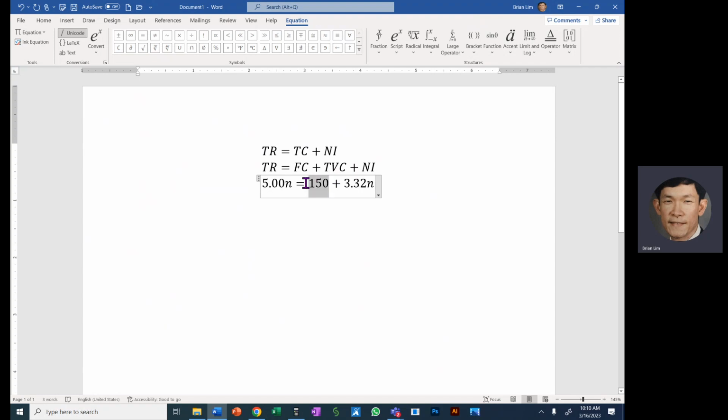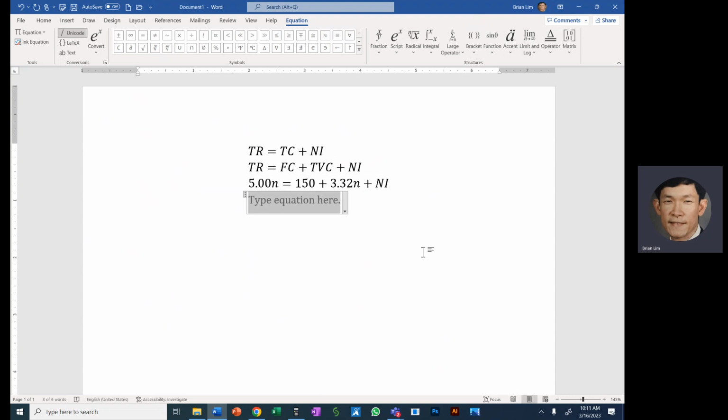So this is the fixed cost, and this is the total variable cost, the variable cost times the number of caramel apples, which in this case is n, that are sold. And that will be plus the net income. So if you want the expression for the net income, we will get what?